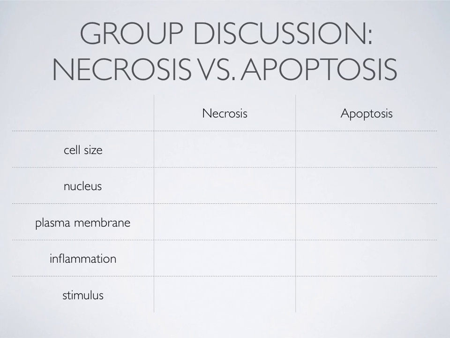So back here, what happens to cell size in necrosis? I heard it, swelling. So cell size is going to increase. What happens in apoptosis? It's going to decrease. Right, the cells in apoptosis, those caspases, once they're activated, they start telling the cell to go ahead and clean up.